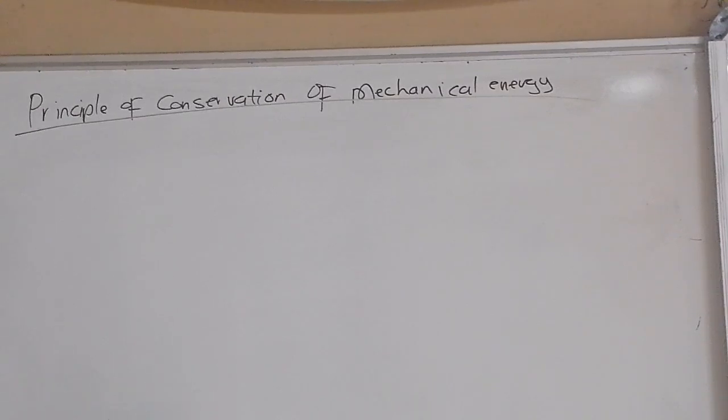You say it is the sum of EP and EK, or the sum of the kinetic energy and the potential energy of an object. But when they ask you to define the principle of conservation of mechanical energy, you simply say the total mechanical energy of an isolated system remains conserved, or remains constant.